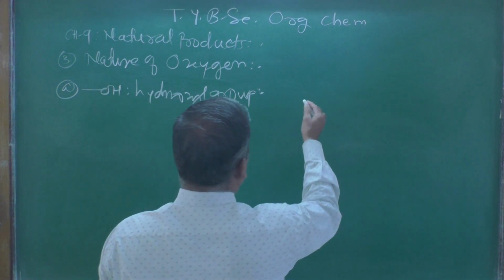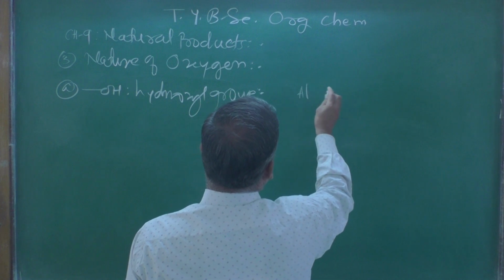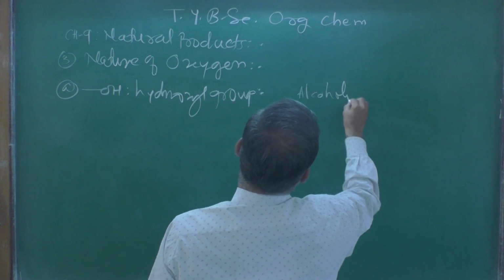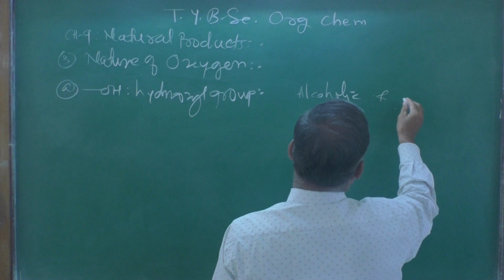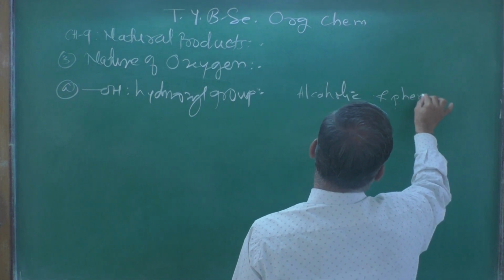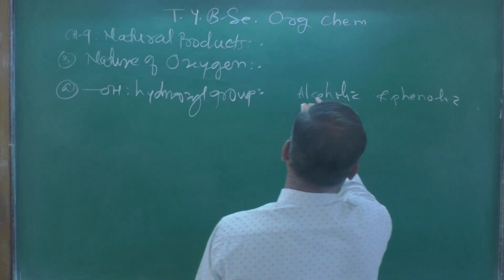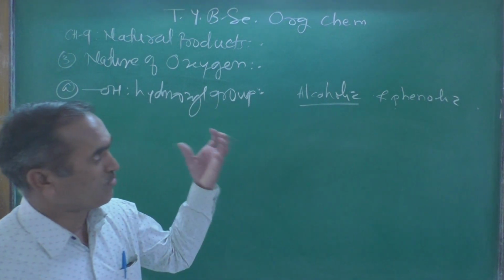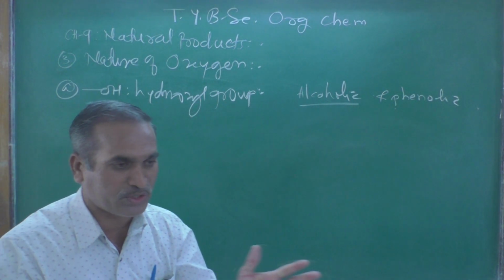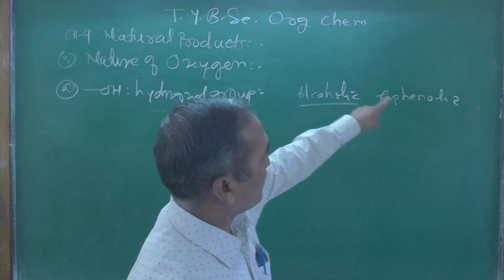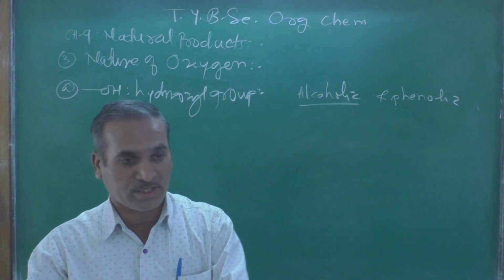It may be alcoholic, and it may be phenolic, right? Which one is alcoholic and which one is phenolic? How do you distinguish alcoholic from phenolic? There is one test.